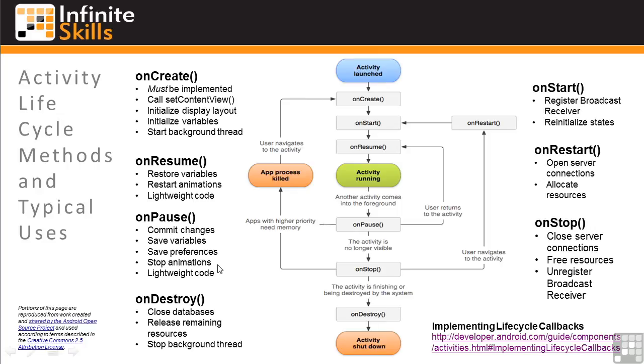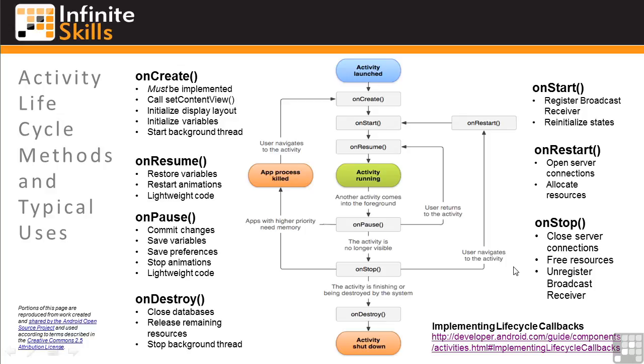In the onDestroy method, typical actions are to close databases, release resources, and stop background threads. In the onStart method, typical actions are to register broadcast receivers and reinitialize states. In onRestart, server connections are opened and resources allocated. And in the onStop method, server connections are closed, resources freed, and broadcast receivers unregistered.